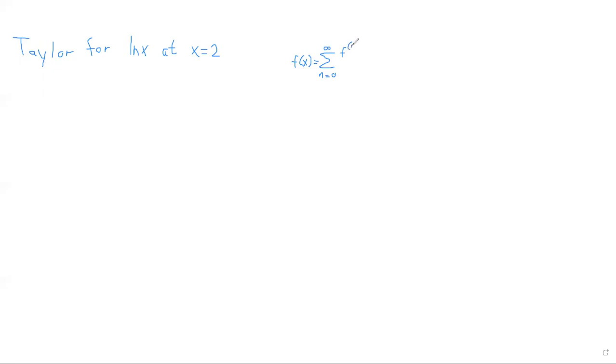So this time it's a Taylor series, sorry, not a Maclaurin series. So f to the n of a over n factorial times x minus a to the n. This is the formula we're going to be using this time.